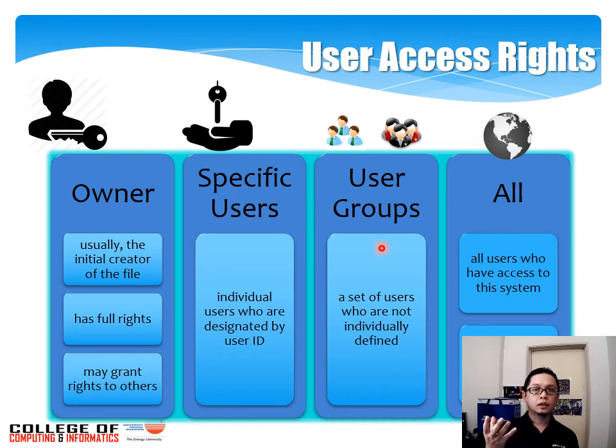Let's say the student access group is capable of accessing this type of information, while the admin can access other types of file privilege. And if the file is not very private or confidential, you can give the access to all users. So these user access rights and classifications are ways that the OS gives the user privilege to easily set up how data can be shared from the file that is owned by the user.